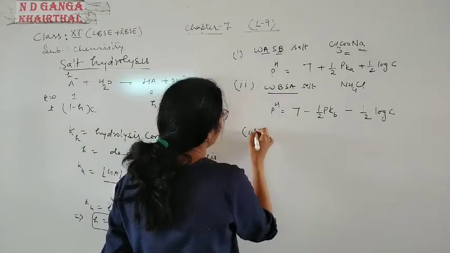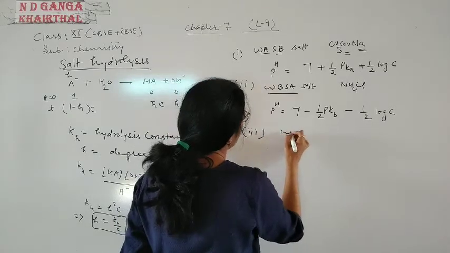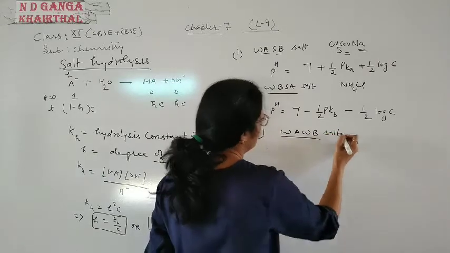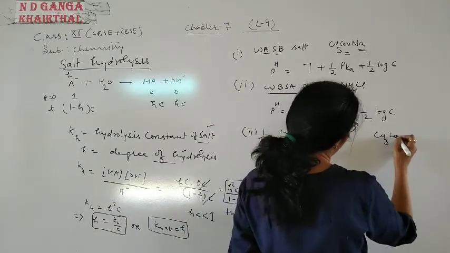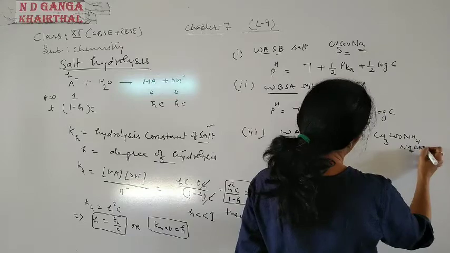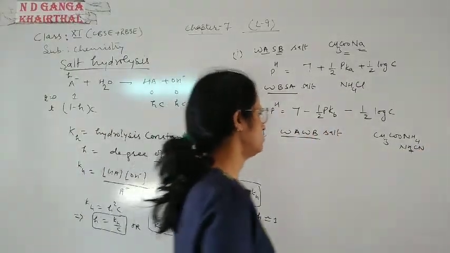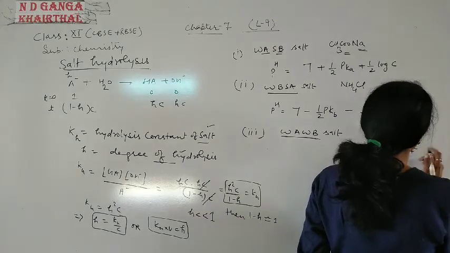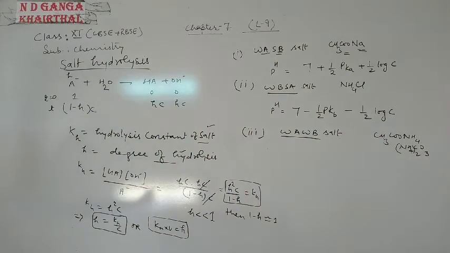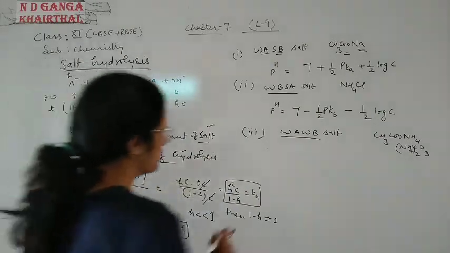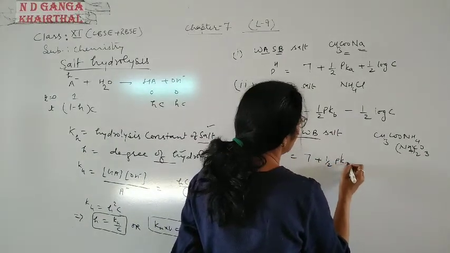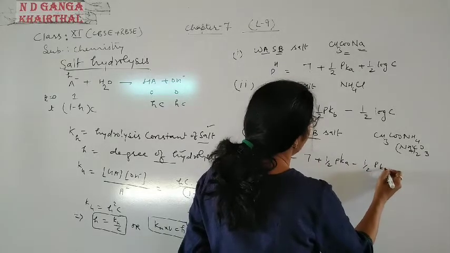And if the salt is of a weak acid and weak base, like ammonium acetate, NH4CN, or (NH4)2CO3, in that case pH will be 7 plus half pKa minus half pKb.